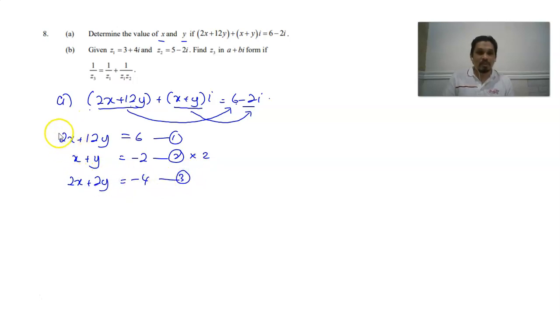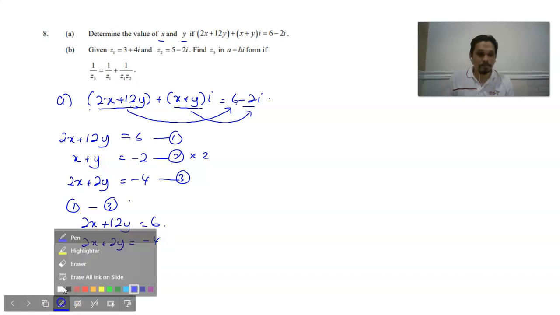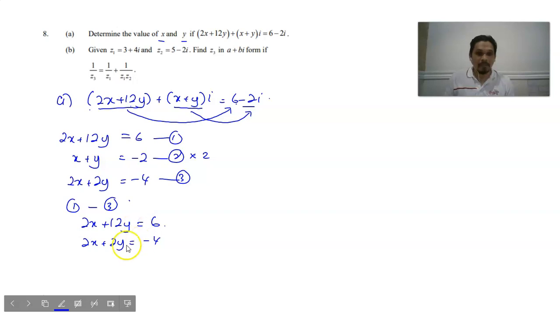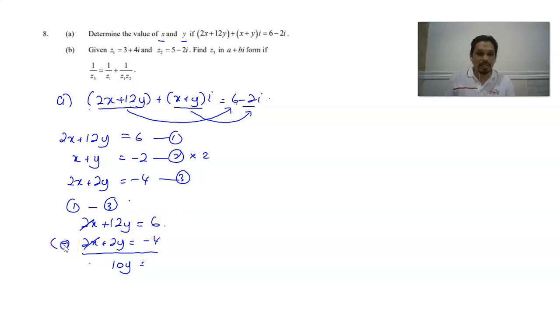So we may compare between these 2x and 2x. Equation 1 minus equation 3. 2x plus 12y equals 6, 2x plus 2y equals negative 4. Equation 1 minus equation 3, then 2x minus 2x equals 0, 12y minus 2y is 10y, and 6 minus negative 4, negative can become positive, so 6 plus 4 equals 10, then y equals 1.